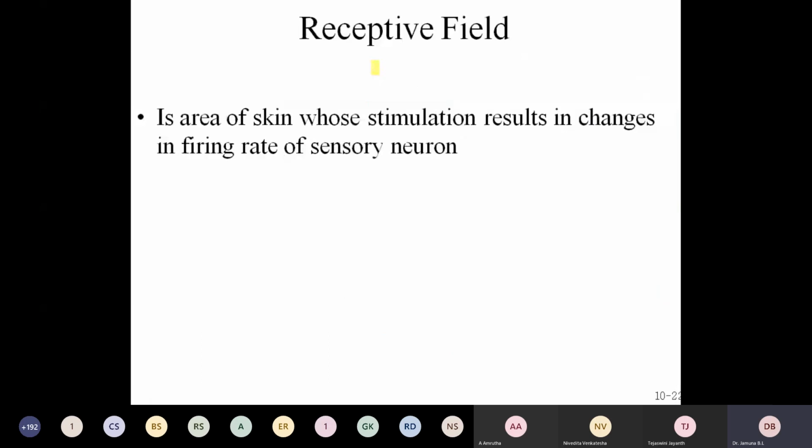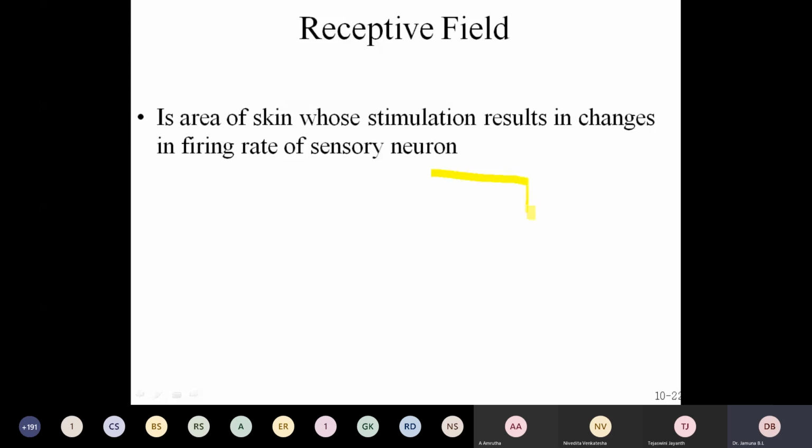Now a word about the receptive field. What we mean by the receptive field is an area of the skin whose stimulation results in a change in the firing rate of a sensory neuron. Suppose in one particular area you take, three receptors are there, so those three receptors will be stimulated, and then there will be some firing rate.